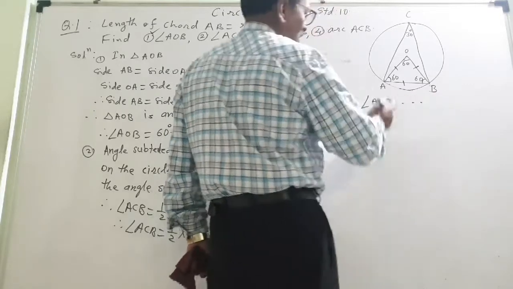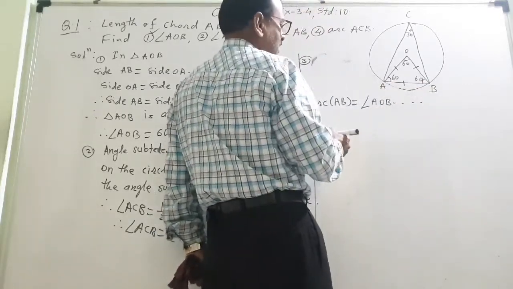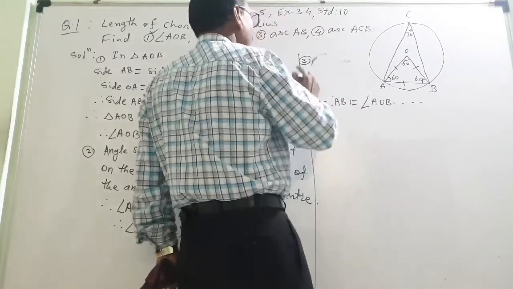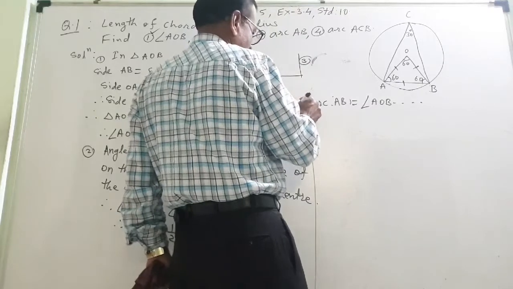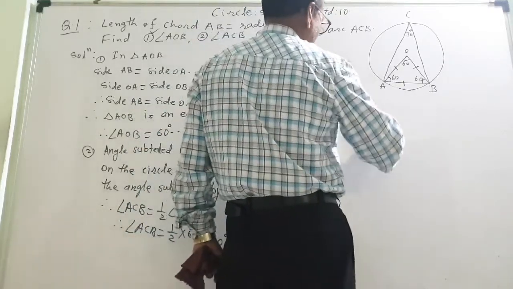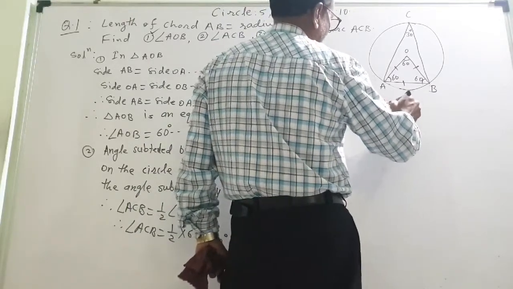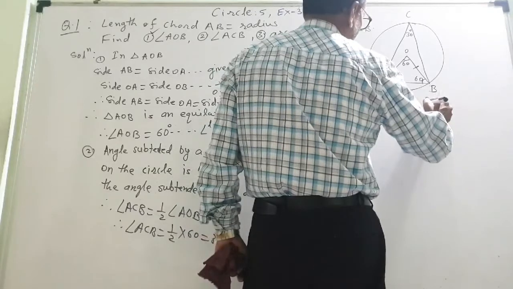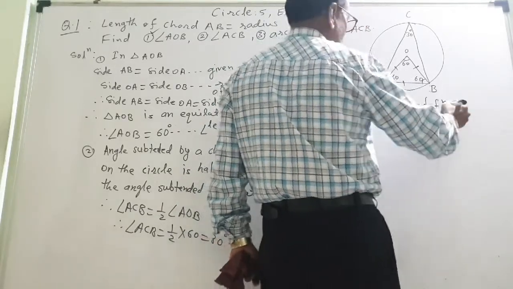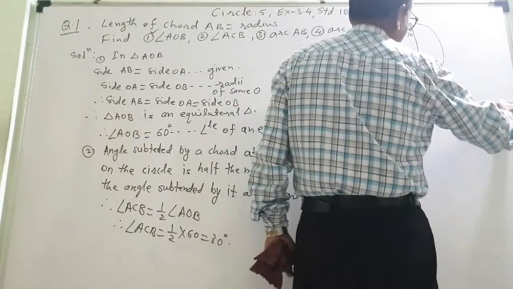Reason is, measure of the arc AB is nothing but, we'll write here, measure arc AB is equal to measure angle AOB. Reason, definition of measure of arc.